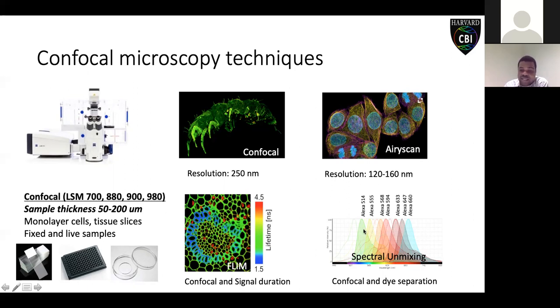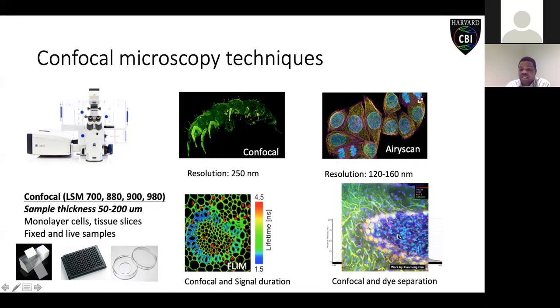As I said earlier about the different laser lines, we are traditionally limited in how much we can distinguish between dyes when they are so close because of the bleed-through feature. But with spectral unmixing, you can distinguish between as many as 6 different dyes in one image.